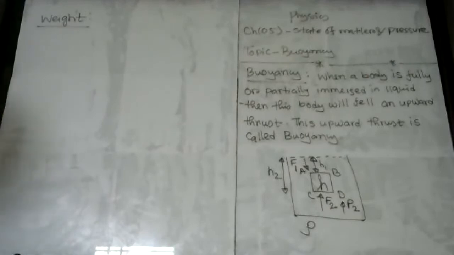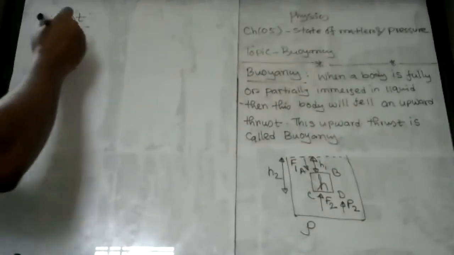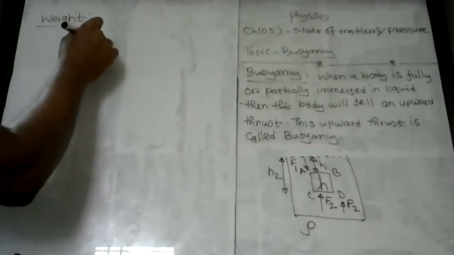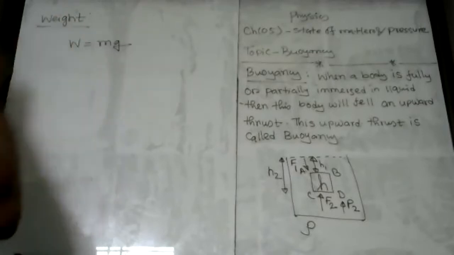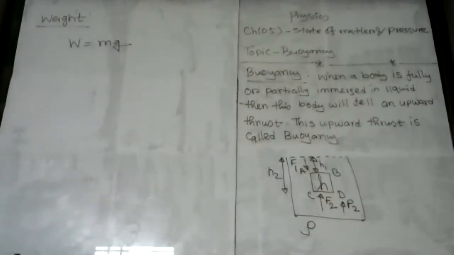Weight is the downward thrust applied by a body toward the center of the earth because of gravity. So weight is W equal to M into G.